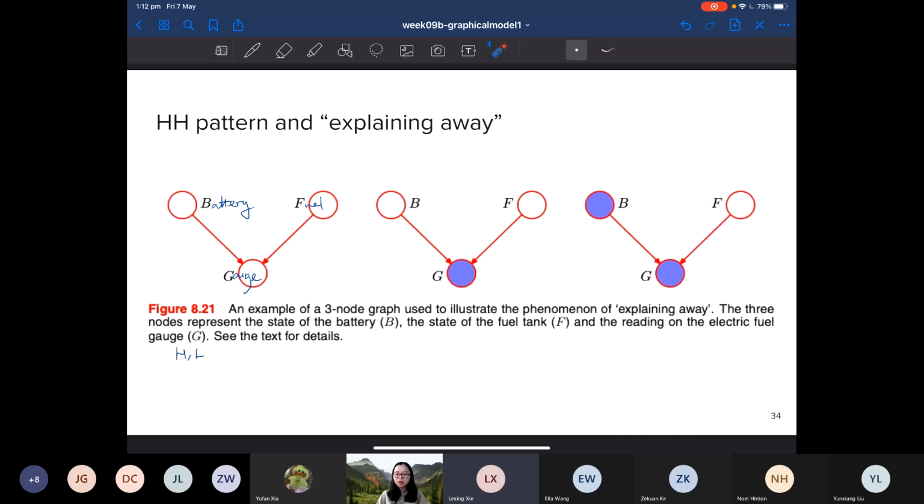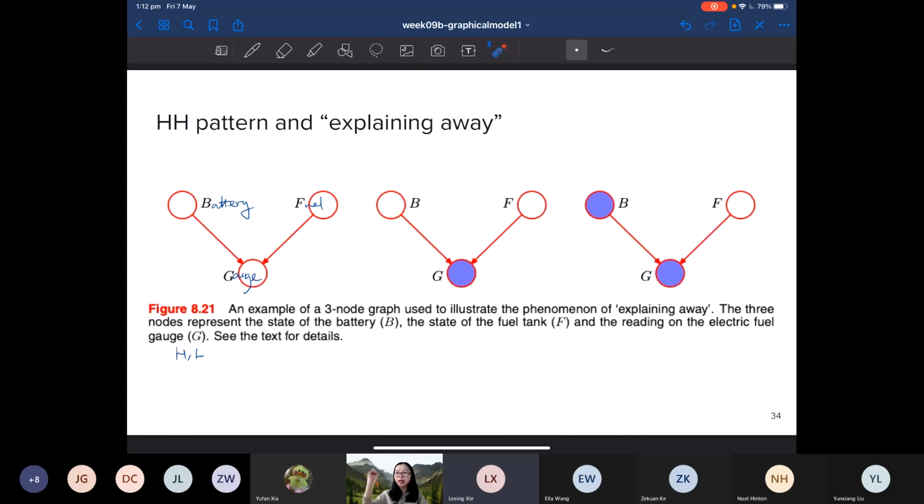Let's say we know that the fuel gauge is low and the battery is low too. Intuitively, just sort of in real life, one intuition you might be able to relate to is that two simultaneous failures of independent systems are rare, right?